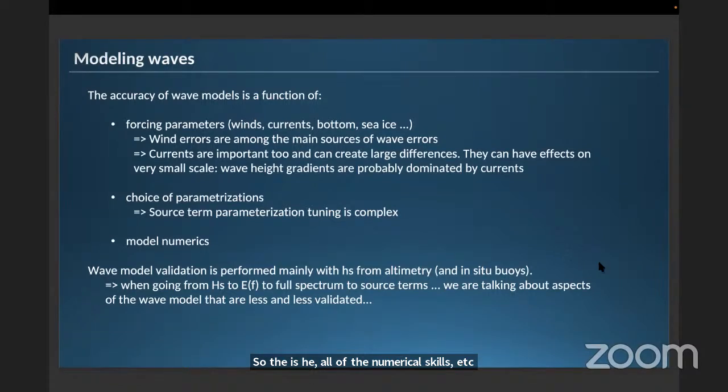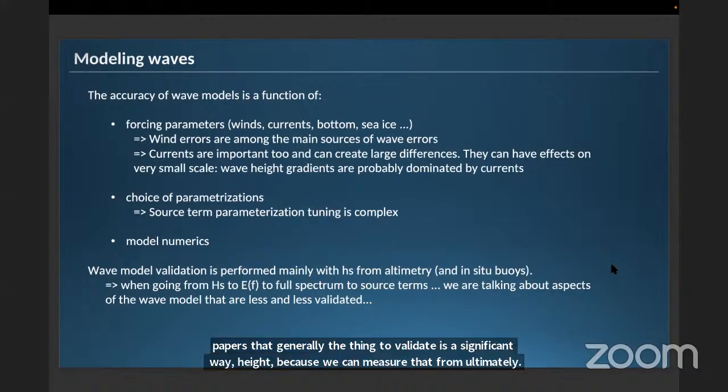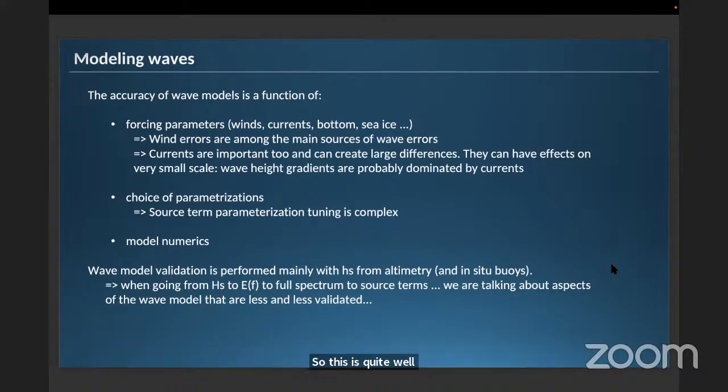And generally about validation, you will see in many papers that the easiest thing to validate is the significant wave height, because we can measure that from altimetry. So this is quite well constrained in wave models. But when you go towards the full spectrum, the evolution of the wave system in terms of direction and frequency, we are talking about aspects that have been less and less validated, because it's more difficult to have this kind of observation.